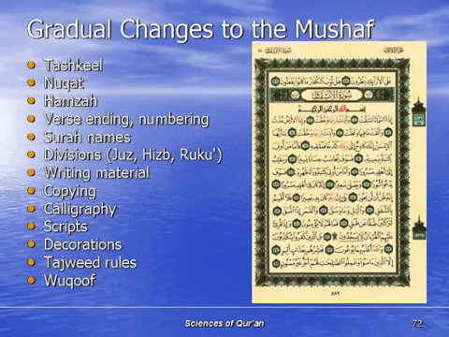I think in the 2nd century of the Hijri year, 150, 160, the Muslim empire started to grow. And they reached up to Uzbekistan, Tajikistan, and Western China. And China at that time had invented paper. So that's when Muslims started to write it on paper as well. So earlier it wasn't on paper.